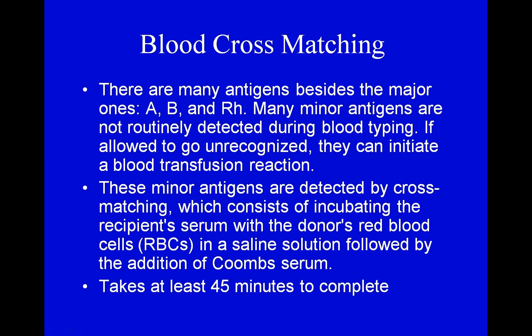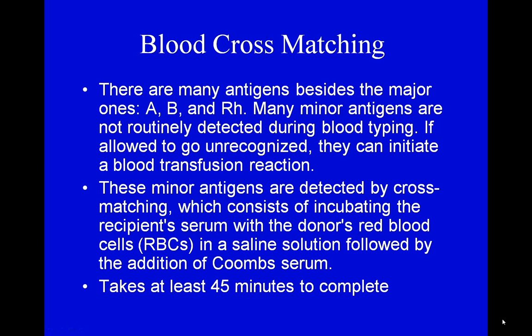Every time they come back for a cross-match before another blood transfusion, it would take longer and longer. It becomes harder and harder to match that person's blood because every time they've been given someone else's blood, a few small amounts of antibodies enter their own bloodstream, and that would trigger their own immune system. So cross-matching takes about 45 minutes to complete.